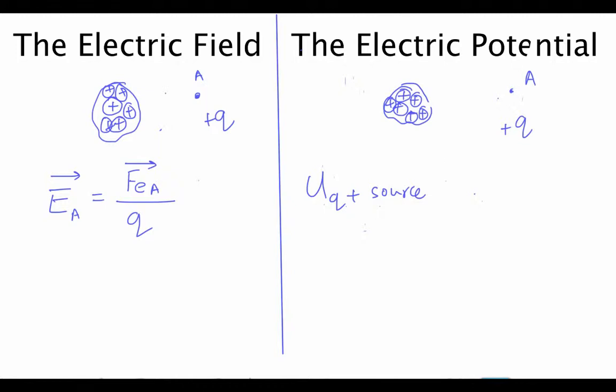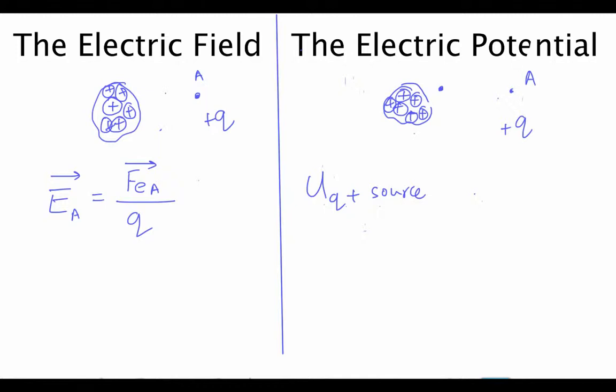The energy of the system depends on where you bring this charge Q. If you bring this charge Q close to the charge distribution, you have to do more work on the system, and as a result the whole system is going to have more electric potential energy.